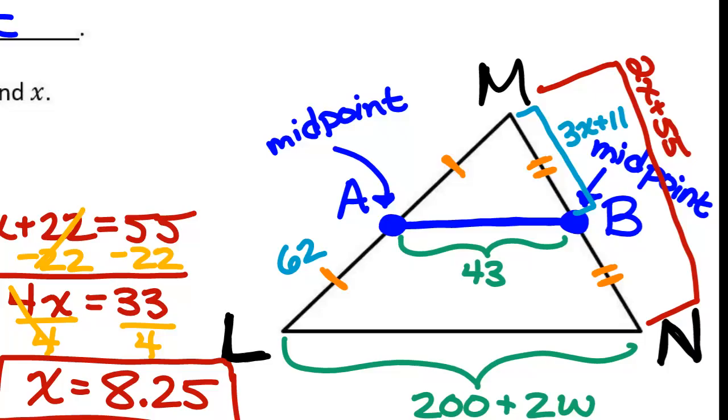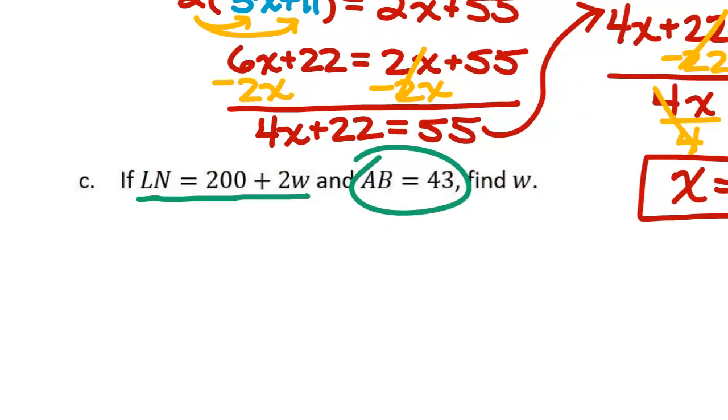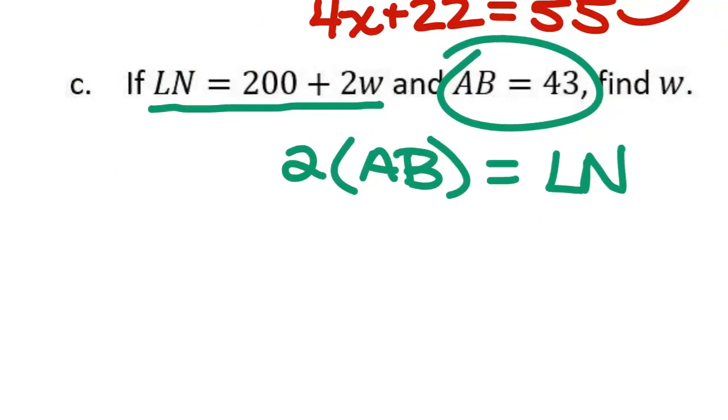What did we call AB again? A midsegment. What's the relationship between the midsegment and this side down here that it doesn't touch? Yeah, 2 segments the size of the midsegment, so 2 segments the size of AB is equal to that third side, is equal to LN.